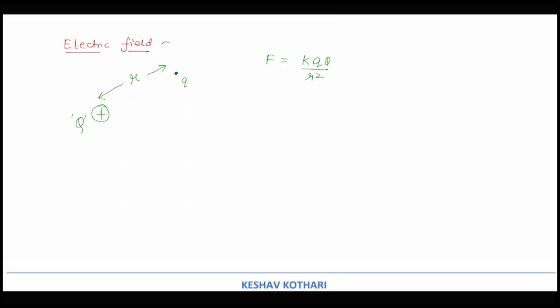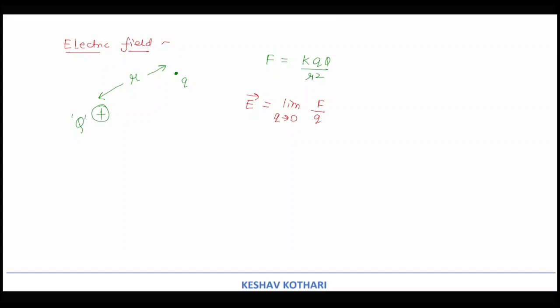Now, to be very specific, we can say that the electric field vector at a point in space is defined as the electric force acting on a positive test charge, that is small q, placed at that point, divided by the test charge. So from this definition I can frame that the E vector is equal to the limit q approaches 0 of F upon q.